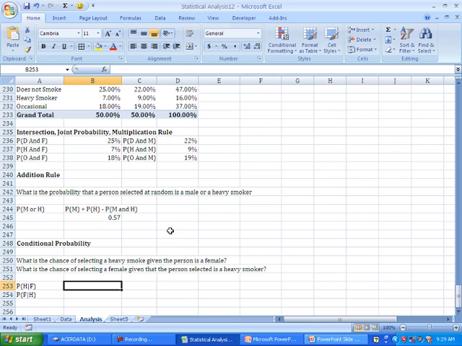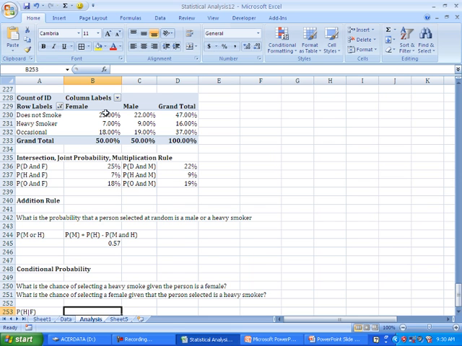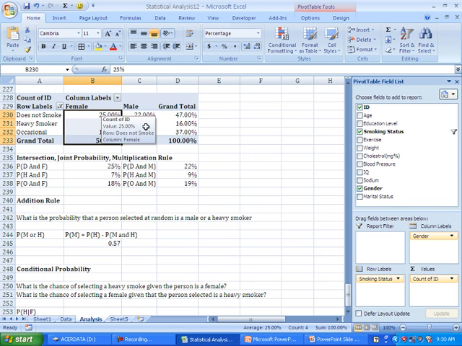If I go back again to my data, given that the person is already a female, my lot is only these many people now, because it is known that the person who is selected is a female. So obviously that person cannot be among this 50. That person will be only among these 50 people. And so out of this 50, what is the chance of selecting a heavy smoker?